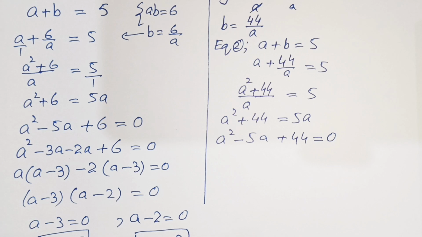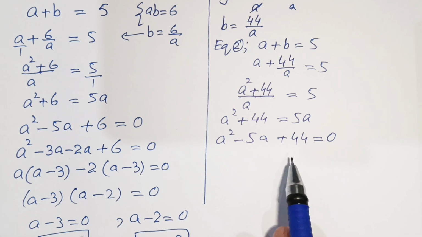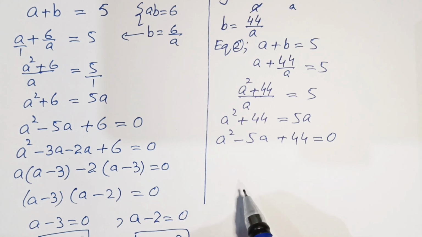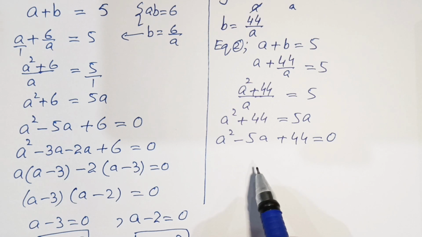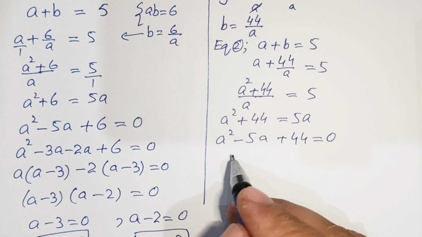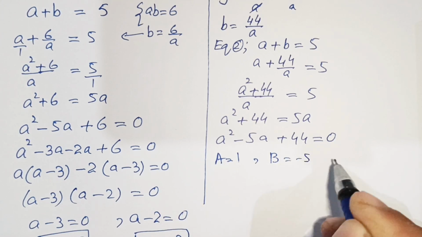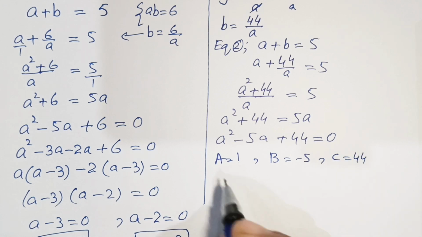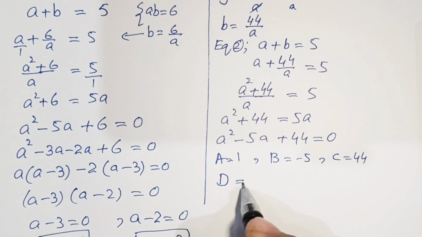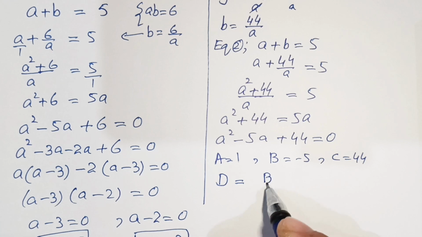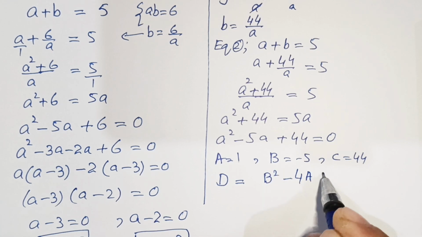So for this quadratic equation, we have to first find the discriminant by checking whether the solution is complex or real, and remember that here we only write those values of x which are real. For this purpose, here the value of a is 1, the value of b is minus 5, and the value of c is 44. So we know that the discriminant is equal to b squared minus 4 times a times c.